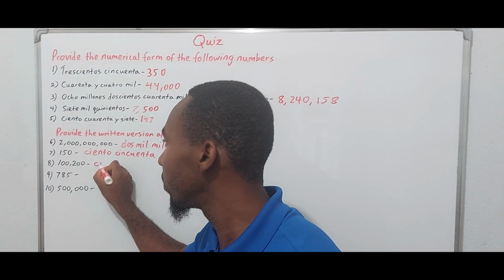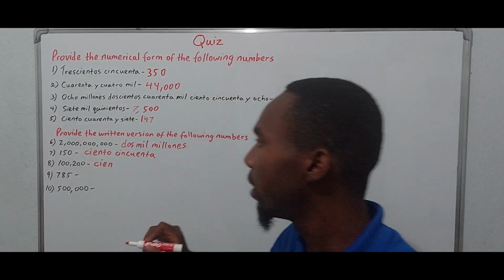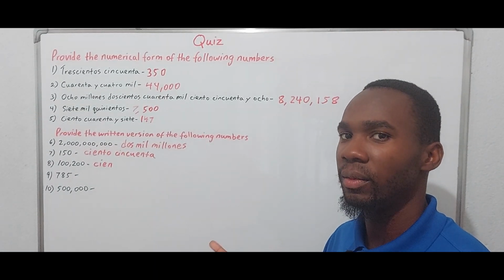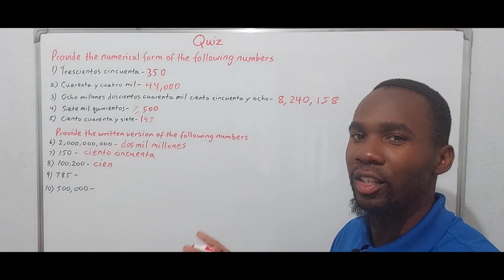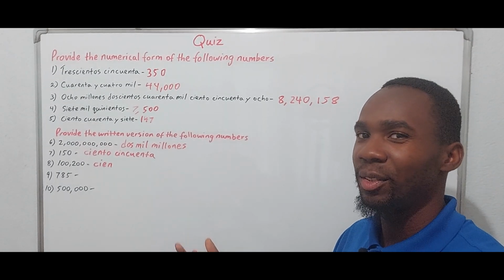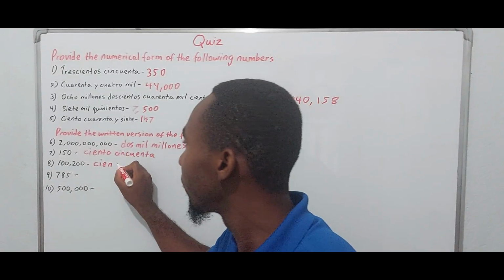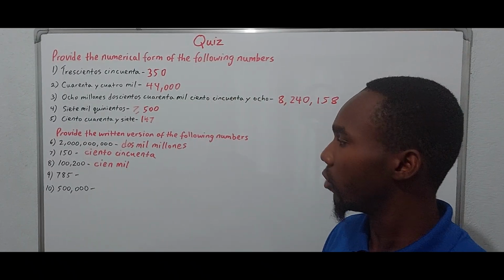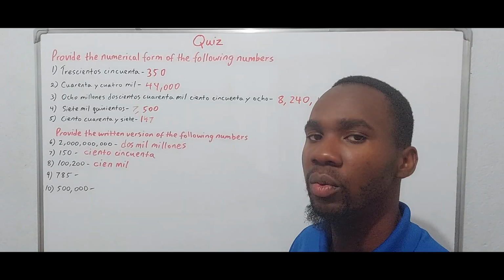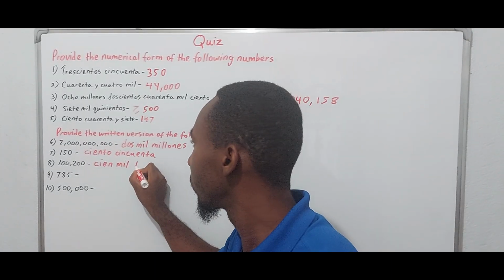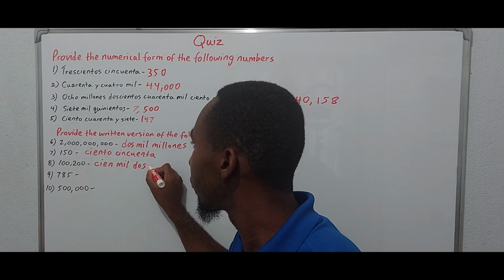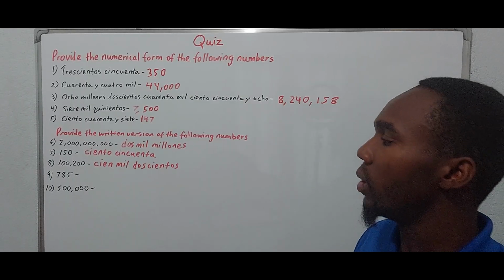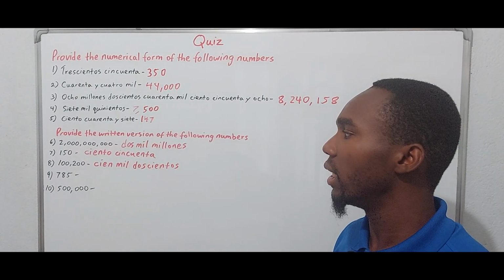Cien mil, 100,000. I think this is something I probably missed in the lesson. If we're saying 100,000, we don't say ciento mil. We say cien mil. It is exactly 100, so it's not over 100. So yeah, cien mil. And how do we say 200? Doscientos. Good. 9, 785.